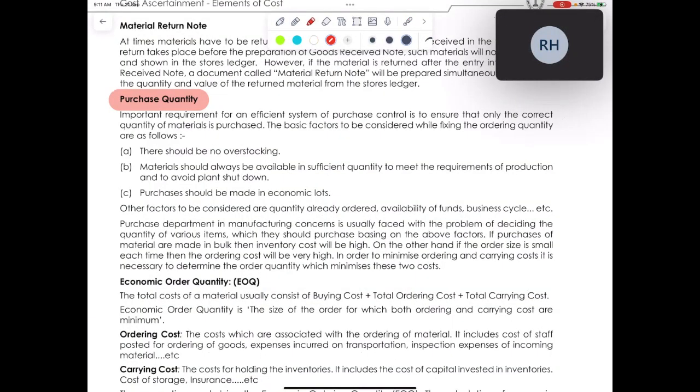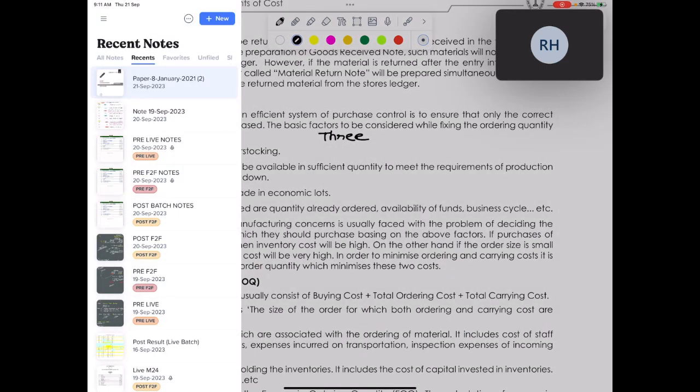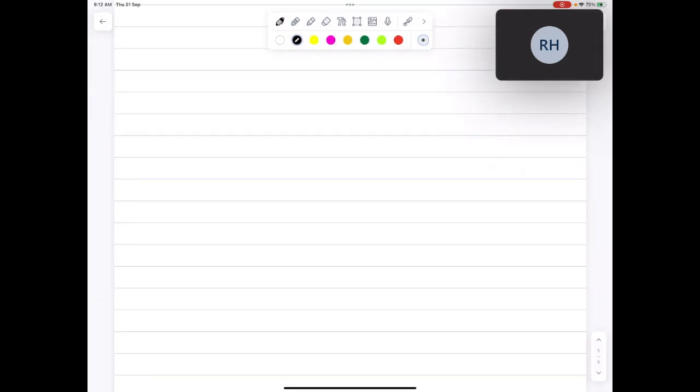Whenever the purchase department wants to place a purchase order, before that, the purchase department has to decide what quantity has to be ordered. Okay. Now, listen very carefully. There are three costs associated with the purchase of raw material.